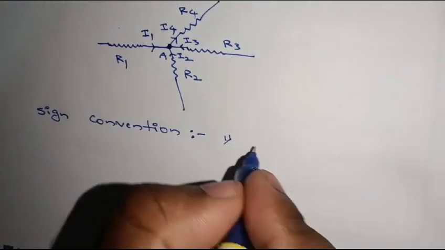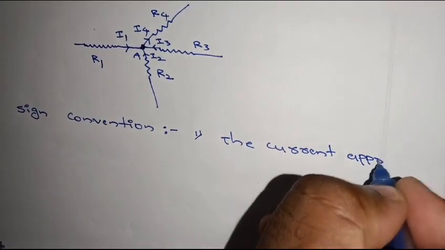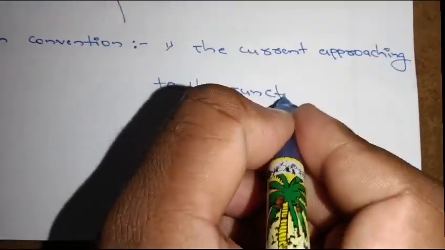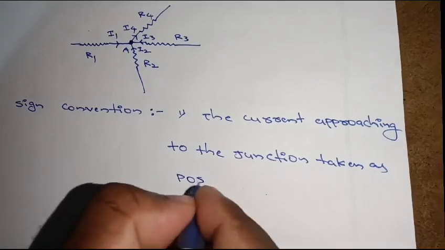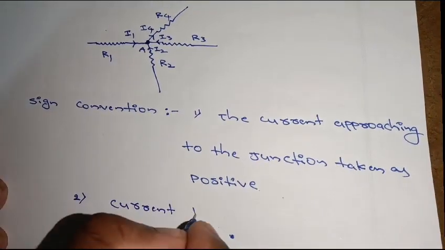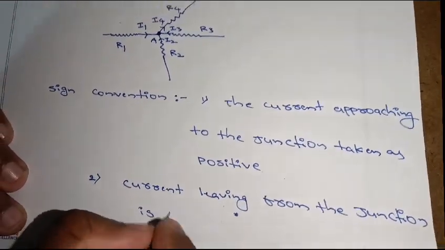Let us see the sign convention. A current approaching the junction is taken as positive. A current leaving from the junction is taken as negative.